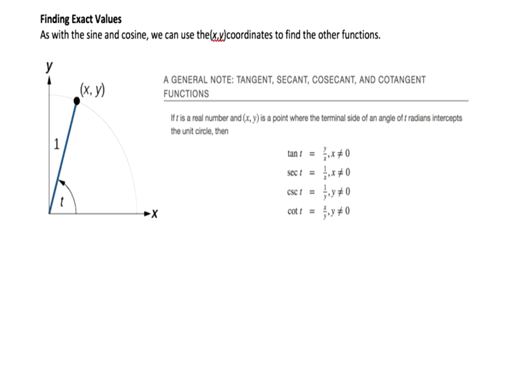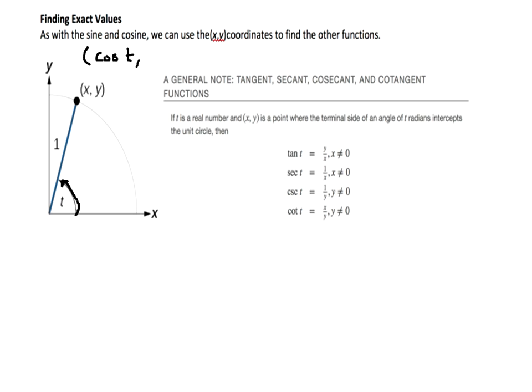So we found out in the last lesson that we can replace x and y with the cosine of angle t, which is the central angle subtended by the arc around the unit circle from the initial to the terminal side of the angle.